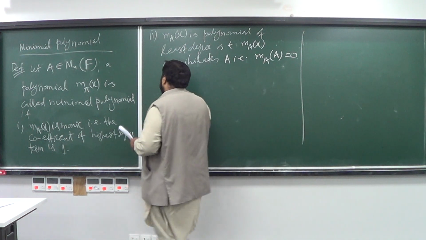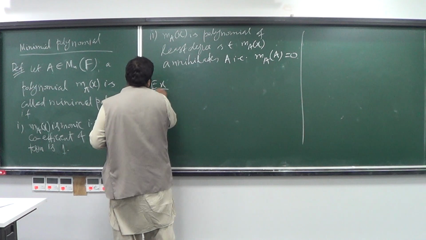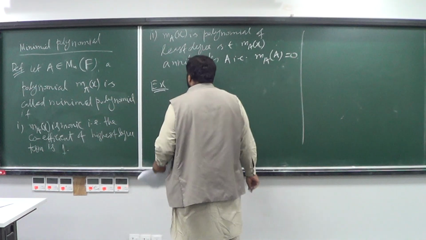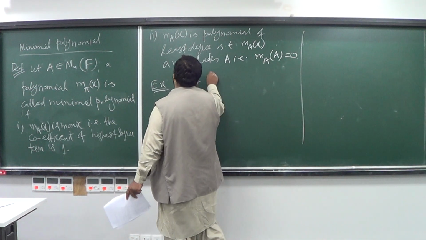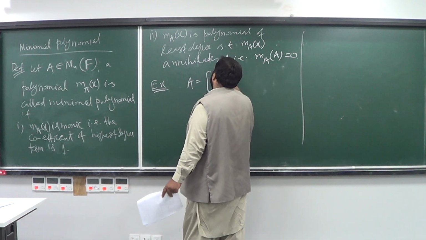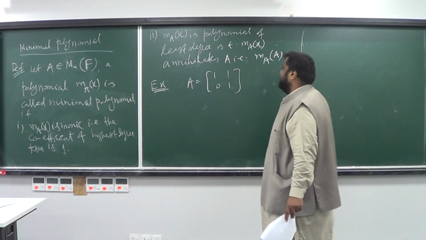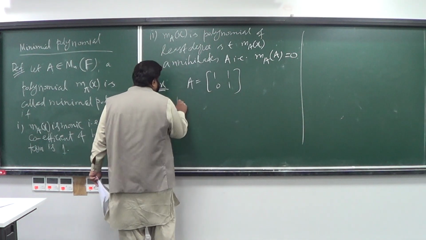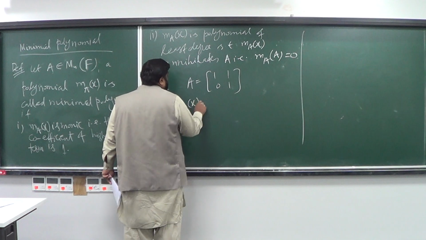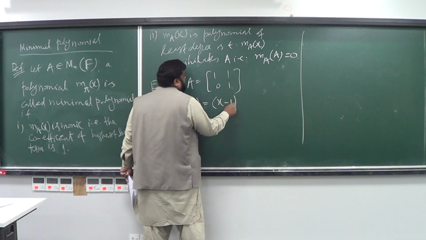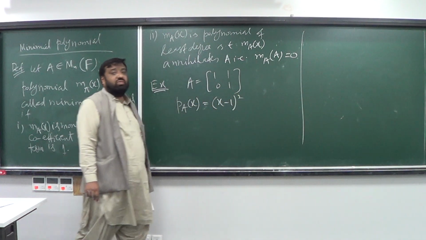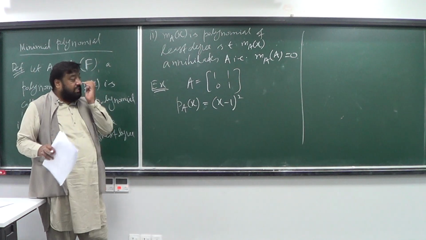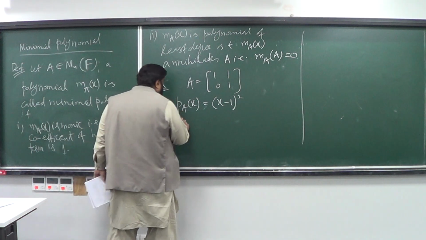What would be one example of it? For example, take the same matrix that we talked about yesterday, the matrix 1, 1, 0, 1. Its characteristic polynomial is (x minus 1) squared.